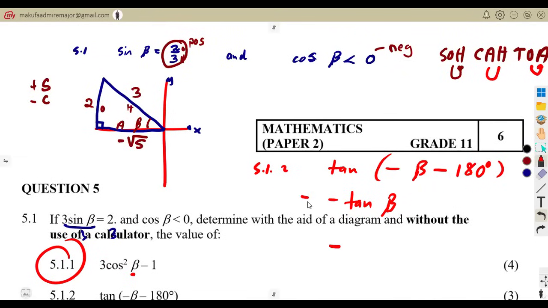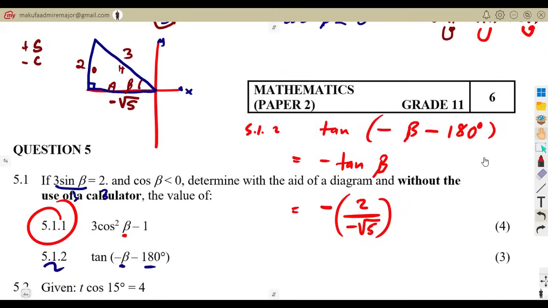All right. So this is going to be equal to minus tan, which is the opposite, that is 2 over what? The adjacent, which is minus the square root of 5. So that's minus square root of 5, minus the square root of 5 like this. So as we can see, guys, from this simplification, we have a negative and a negative.